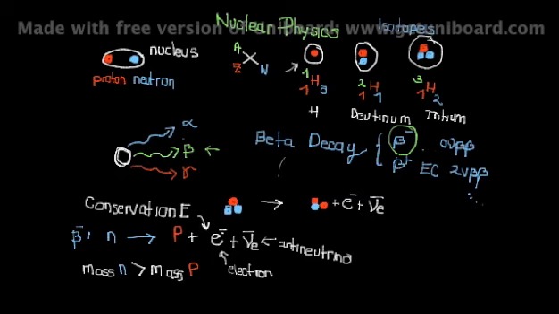This process occurs in nature and is a beta decay, beta minus decay, because we have here the minus of the electron.